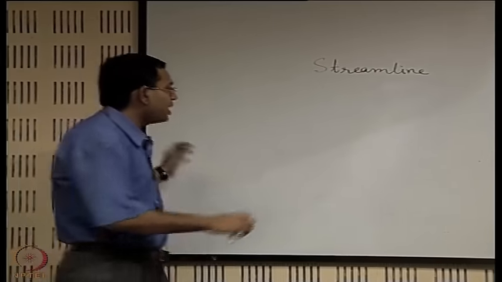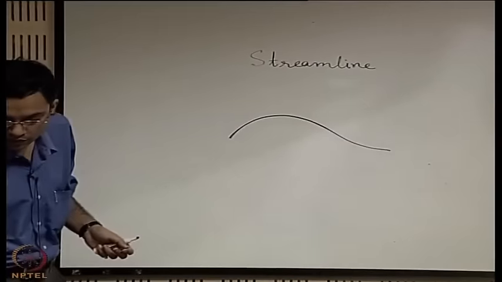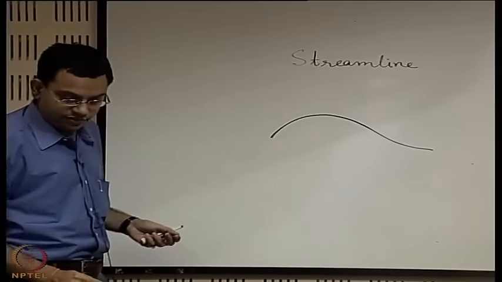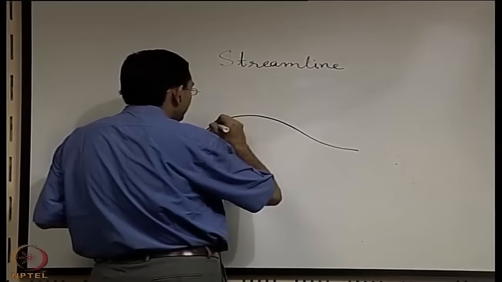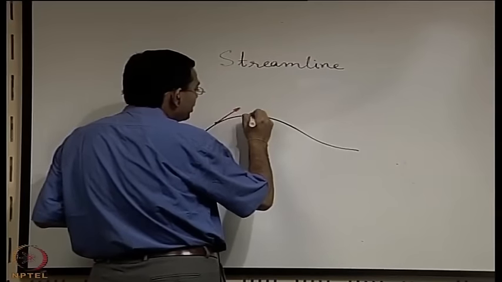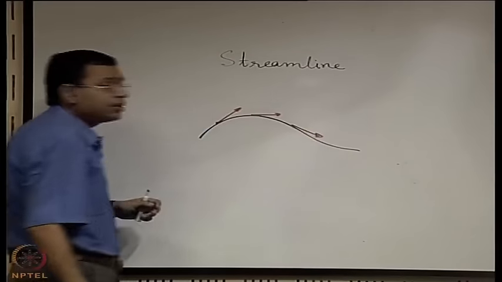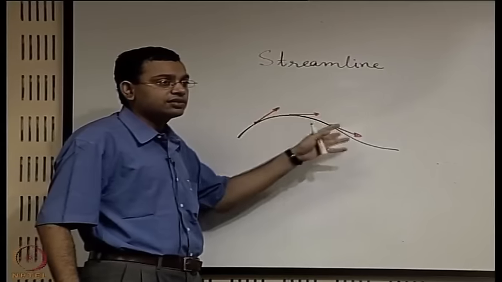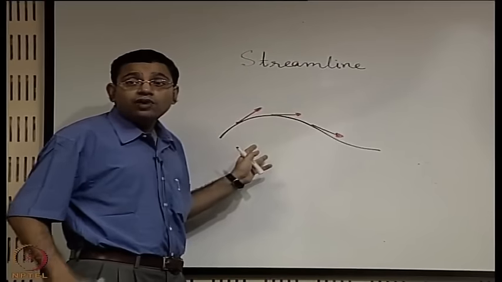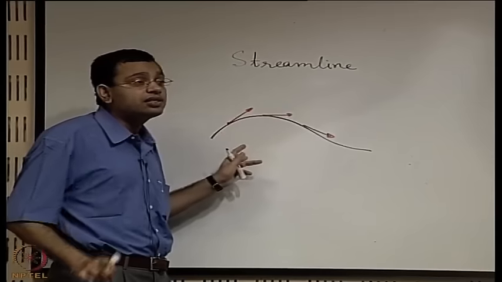So if you have a streamline like this, you may have tangents to it at different points, and these tangents are representatives of the velocity vector at these points. One important concept that we miss many times is that it is defined at a particular instant of time.